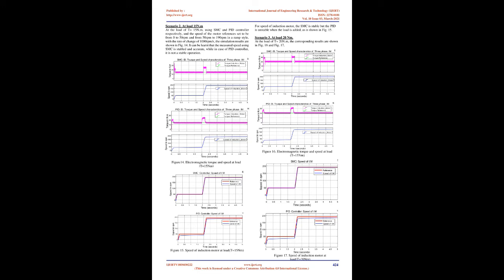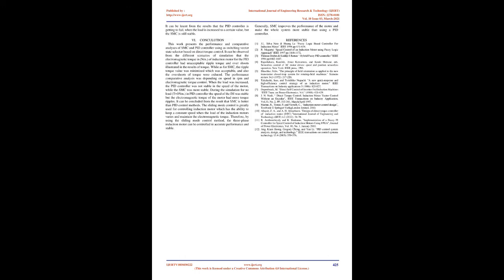Scenario 2. At load 15 N.m. At the load of T equals 15 N.m, using SMC and PID controllers respectively, the speed reference of the motor is set to go from 0 to 50 rpm and from 50 rpm to 190 rpm in a ramp style, with the rate of change of 1000 rpm/s.